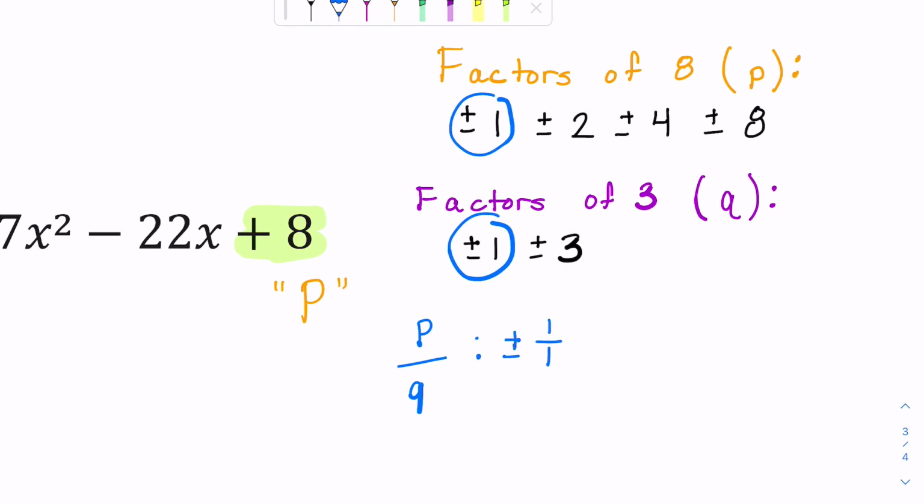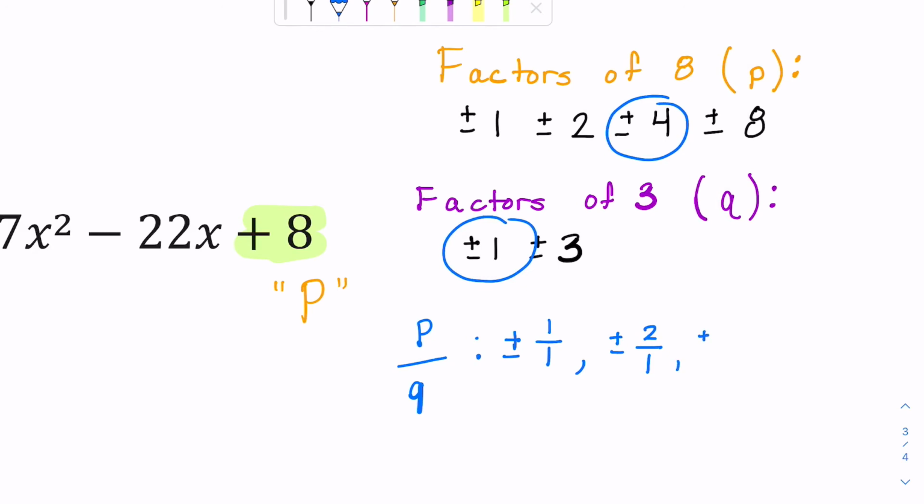I'm going to go through all the denominators of 1. Next, plus or minus 2 over plus or minus 1. Next, plus or minus 4 over plus or minus 1. Last, plus or minus 8 over plus or minus 1.